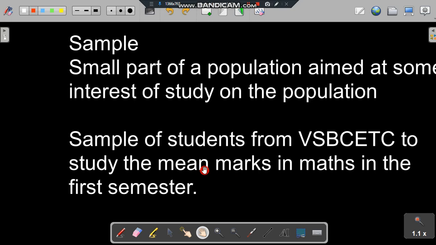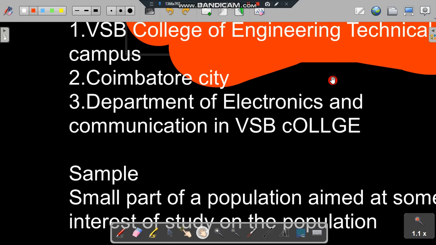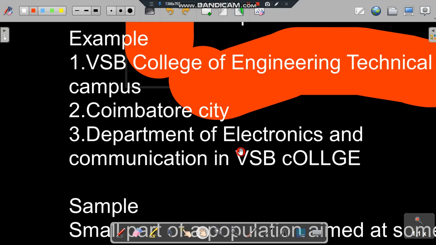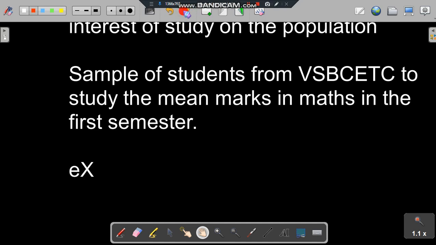My aim is to take some elements from this population, VSB College of Engineering Technical Campus, in order to study the average marks in mathematics. This small part of the big part we call a sample from VSB CETC.